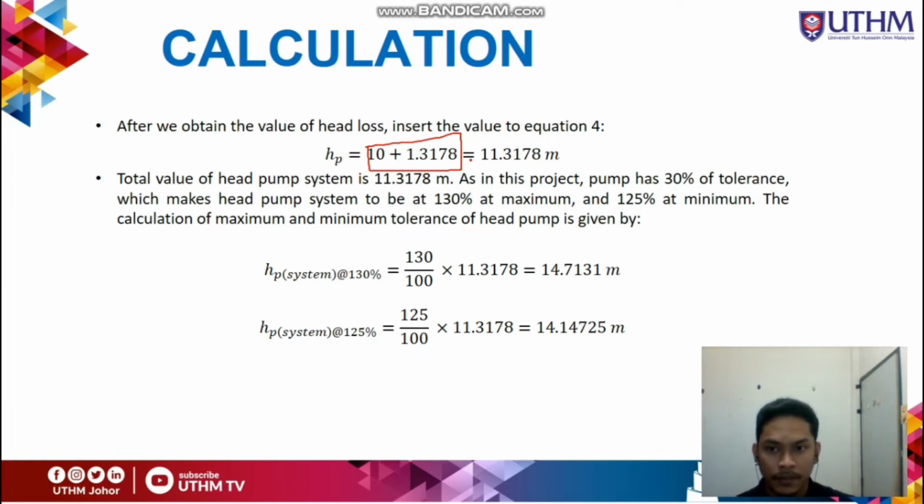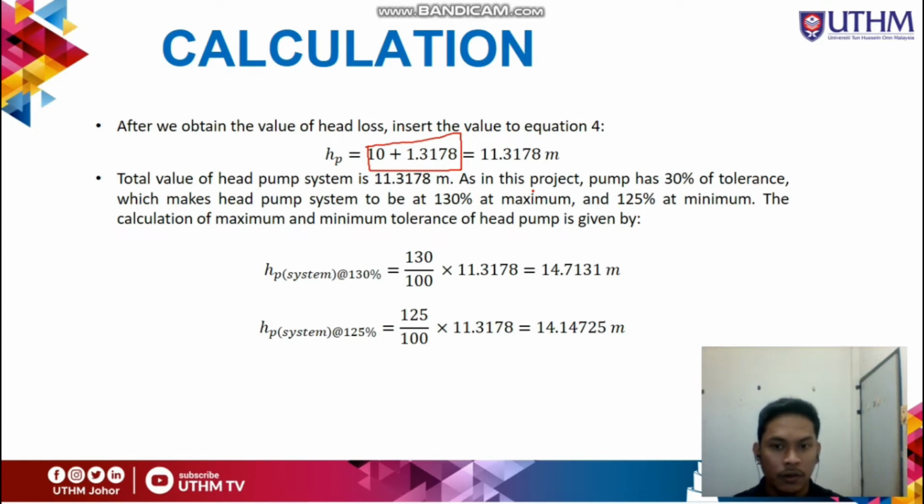The total value of the head pump will be 11.3178 meters. Okay, after we get the head pump, as the end of the project, the pump has 30% tolerance, which makes the head pump system 130% at maximum and 125% at minimum.